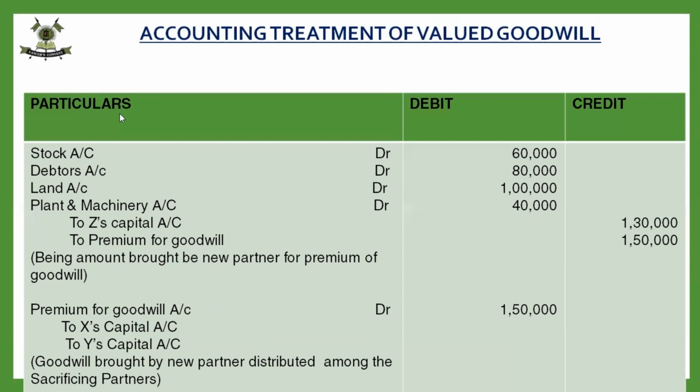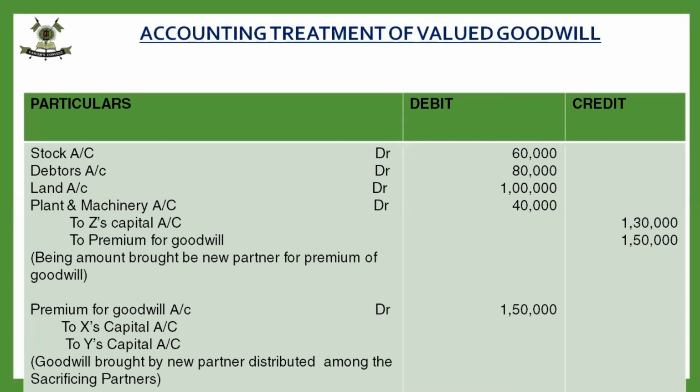He's bringing all the assets, so all the asset accounts will be debited. He is bringing assets worth rupees 2,80,000. If you do the sum of all these assets, it comes out to be 2,80,000. Now he was supposed to bring 1,50,000 for premium for goodwill. That means the remaining amount he is bringing for capital.